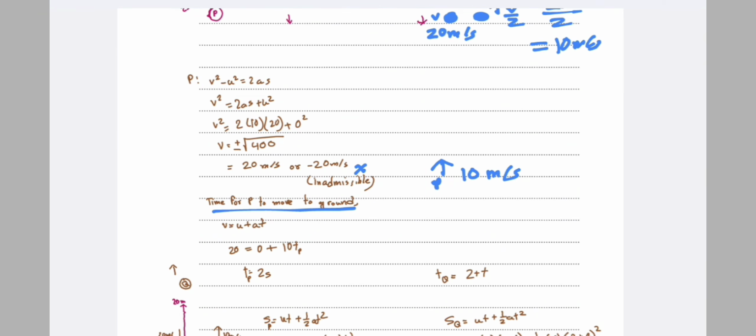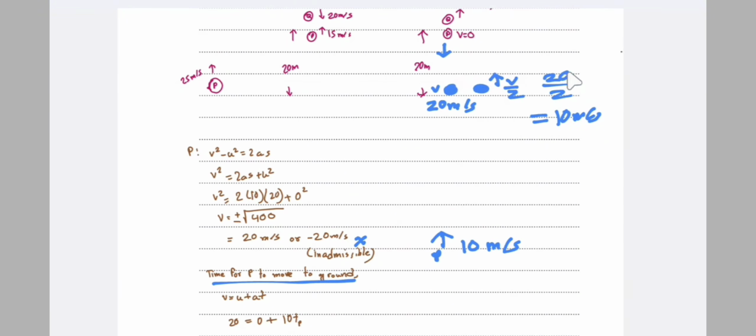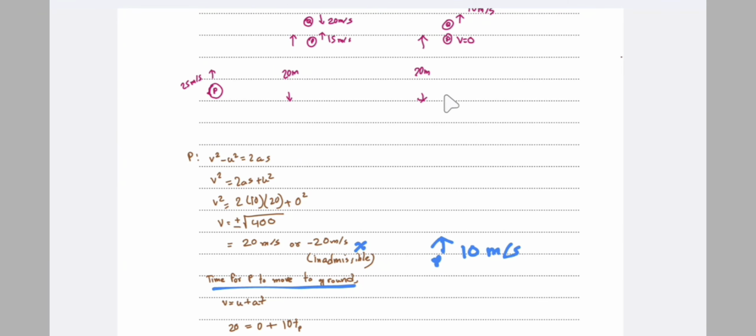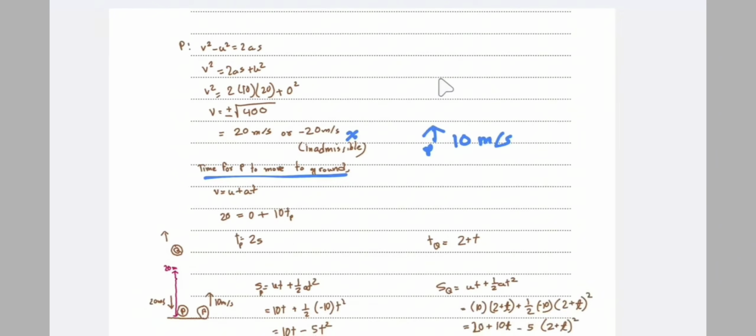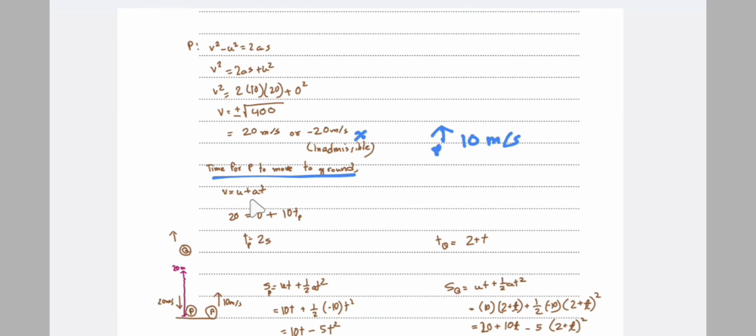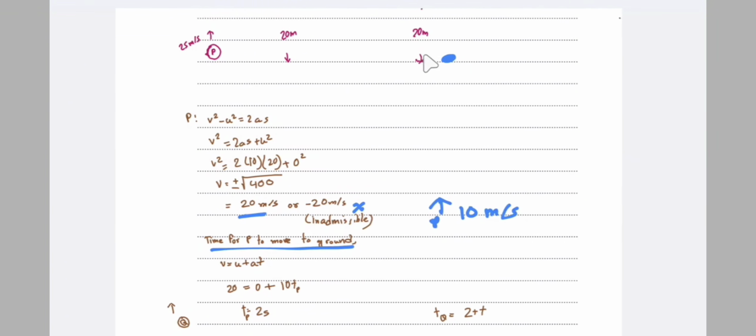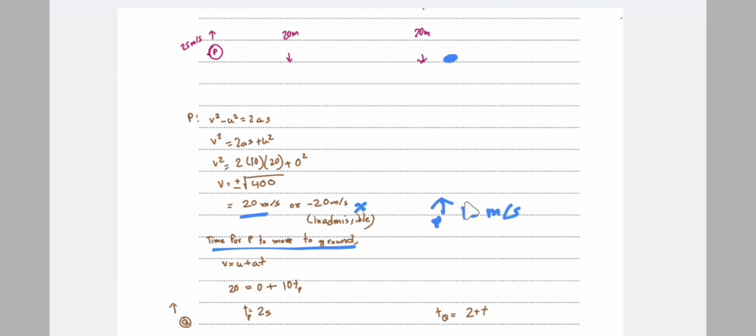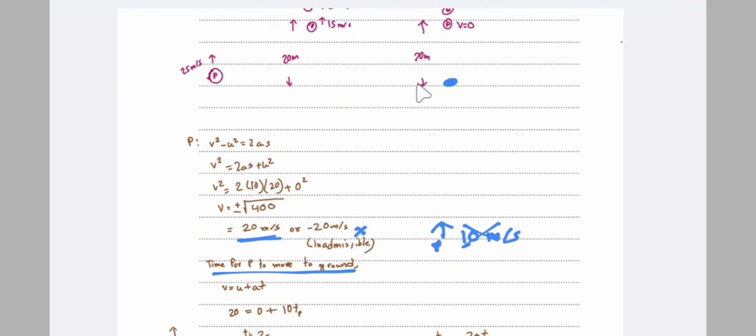Now, time for P to reach the ground. So what is the value of time for P to reach the ground? First of all, from the topmost point to the bottom point, to find the value of time, we can use the formula V is equal to U plus at, where we know the final speed when it reaches the ground, and not when it rebounds. So when it reaches the ground, it has a speed of 20 meter per second.